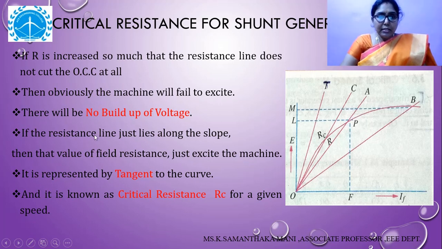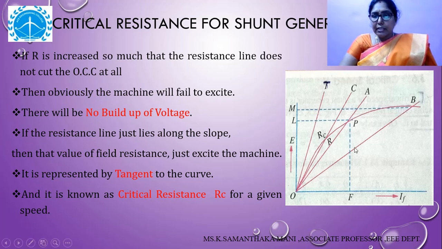So if the resistance line just lies along the slope, then the value of the field resistance that just excites the machine is called the critical resistance, represented by RC for a given speed. In the earlier discussion, we talked about how the OCC is drawn for a particular speed.